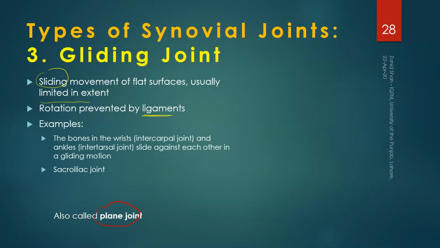The examples are the bones in the wrist, so intercarpal joint, the joint between the carpals. So you will see that there are more than one joints at your wrist as well. So one type of those joints is intercarpal joint. And similarly intertarsal joint, the joint between the tarsals. And another example that we saw in the last lecture is sacroiliac joint. So that is also a gliding joint.